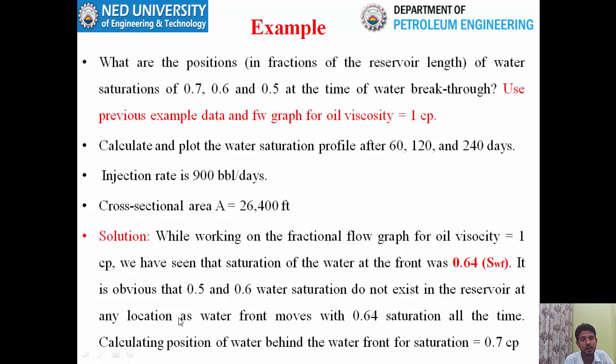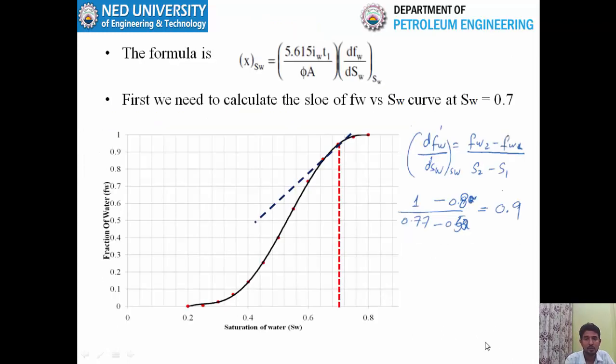So we can only calculate the position of water behind the waterfront for saturation equal to 0.7. For water saturation equal to 0.7, we can only calculate its position. The 'centipoise' is wrongly written on the slide, so water saturation is 0.7. So what we need to do is calculate the slope at 0.7.